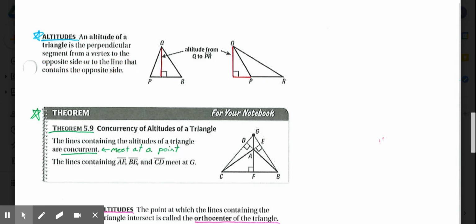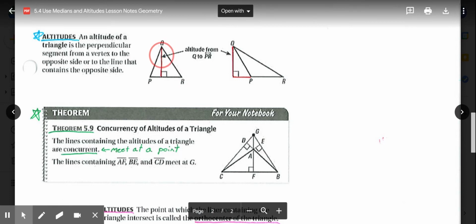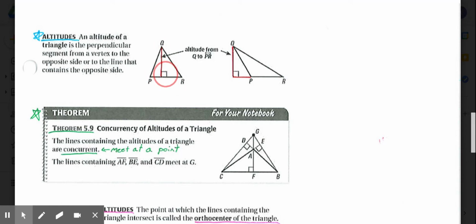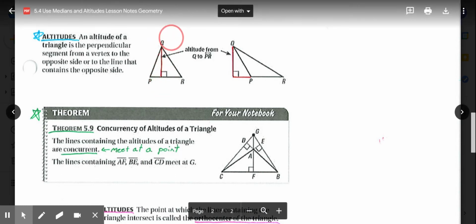So what they mean by that is here, if we're looking at triangle PQR, from Q to PR, if it meets PR at a 90-degree angle, or perpendicular, then that segment right here would be the altitude. And it would be the altitude from Q to side PR.